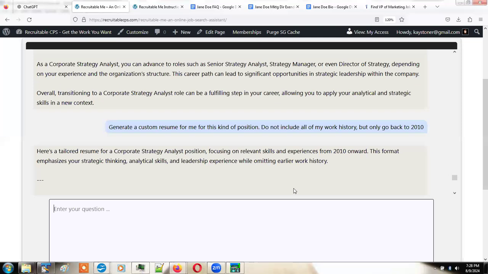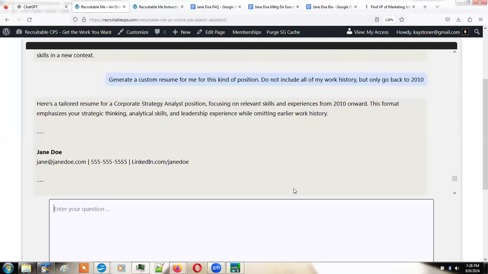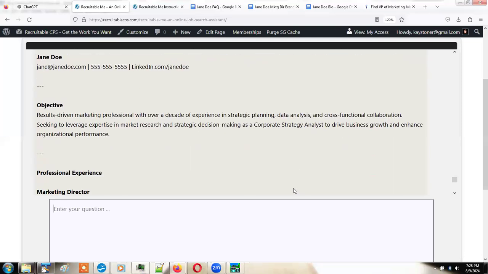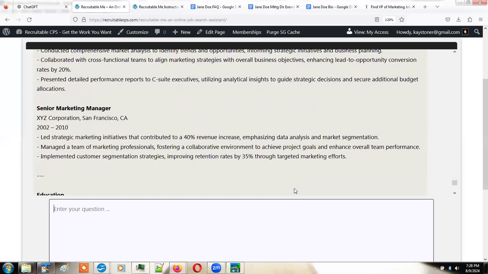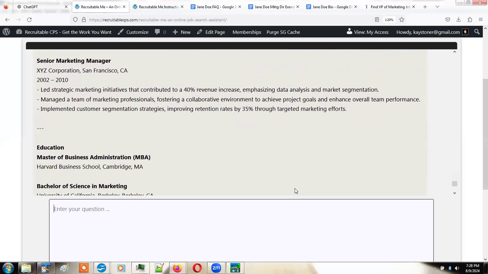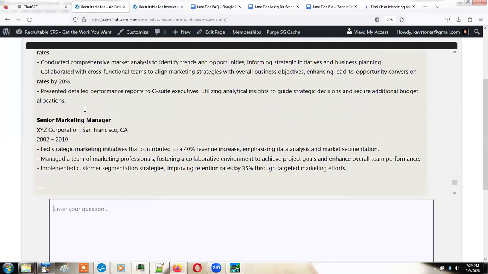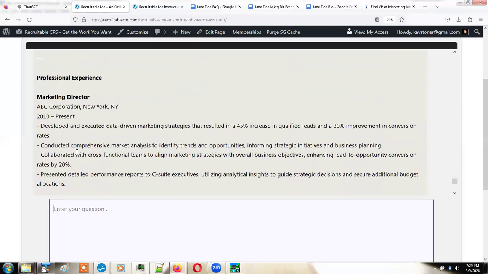Okay. Corporate strategy analyst. So it puts a strategic spin on things, and execution and market analysis and all this kind of stuff.